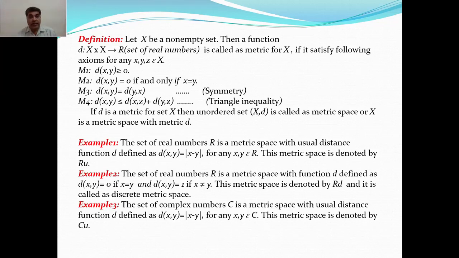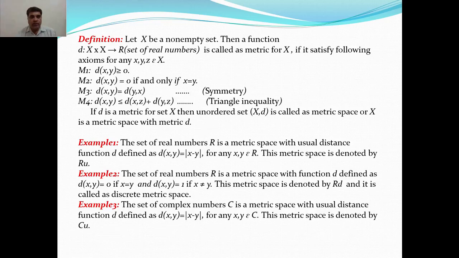What is this mod x? Mod x represents the distance of the real number x from the origin, that is 0, on the real line. It is always a non-negative number. On the same line, if we talk about the distance between two real numbers a and b, then mod of a minus b is greater than or equal to 0.